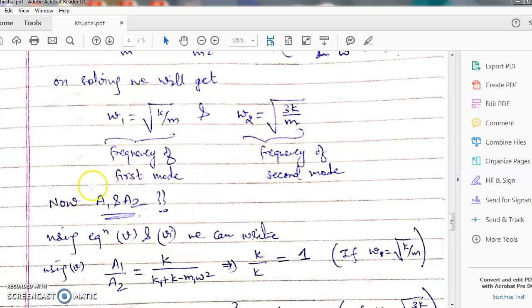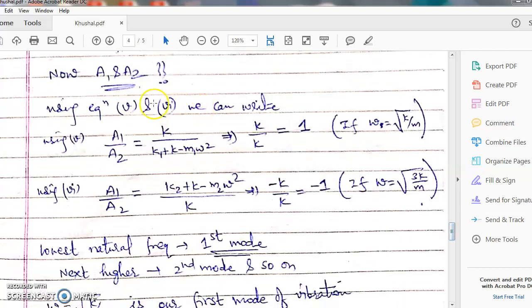Now we have to find a1 and a2 also, because x(t) equals a sin(omega t + phi). Omega we have already found, this 1 and 2, and a1 and a2 we have to find out. Then we will find the position of the displaced masses at any point of time. So again I am going to equations 5 and 6. I can write equations 5 and 6 like this.